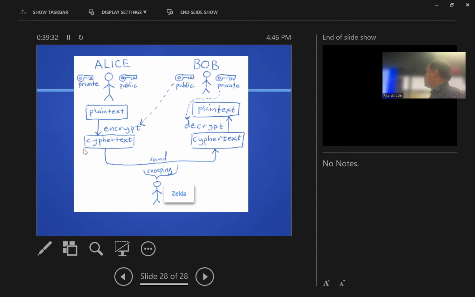So then Alice wants to send the AES key to Bob. She goes online and downloads Bob's public key, which anyone on Earth can download, but Zelda also. So then Alice has a plain text message, which is going to be the AES key. She's going to use Bob's public key to encrypt it and produce the ciphertext.